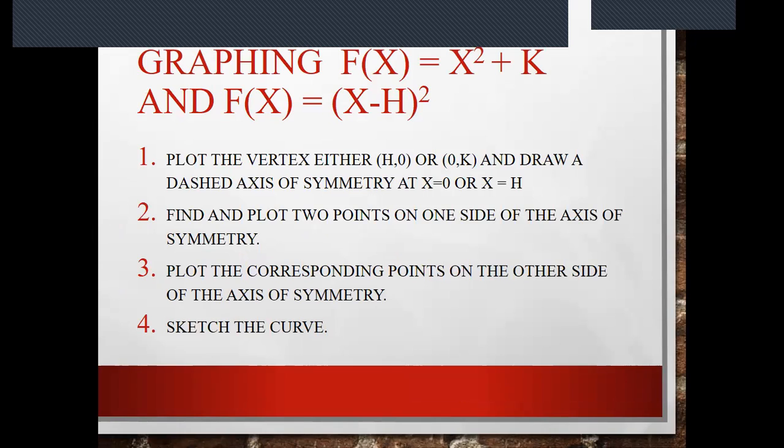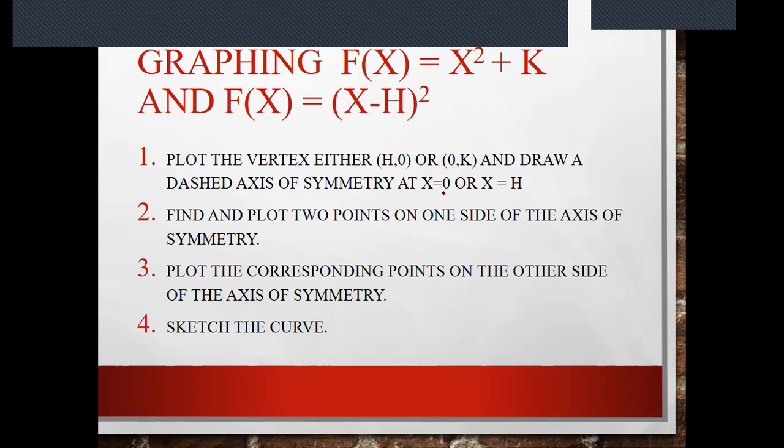Graphing f of x equals x squared plus k and f of x equals x minus h squared. Okay, so we want to plot the vertex either. It depends on which one you have. If you're dealing with x minus h, your vertex is going to be at h comma 0. If you have x squared plus k, your vertex is going to be at 0 comma k.